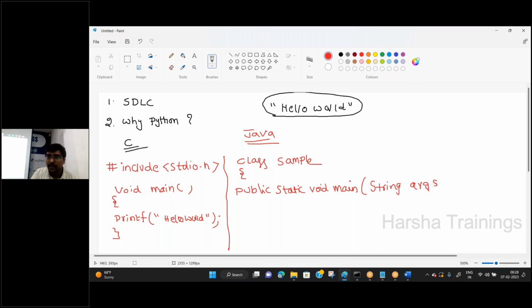Here I am not explaining anything related to C or Java, just the program syntaxes. To print some message, system.out.println hello world. Close the main method, close the class.